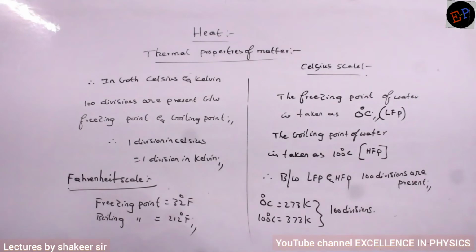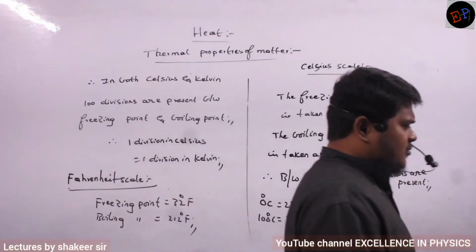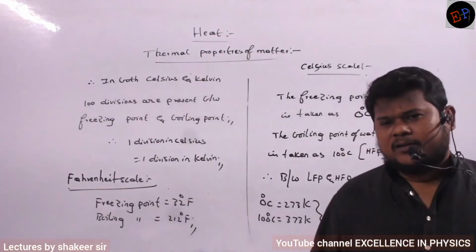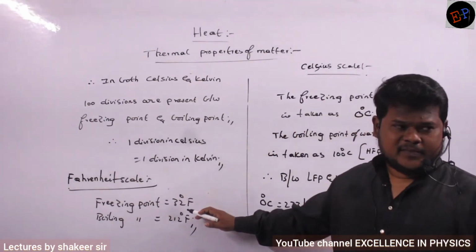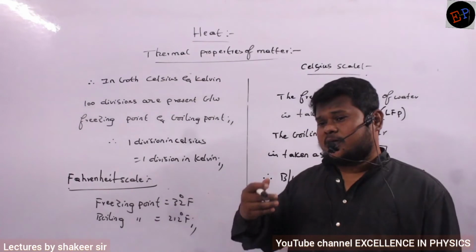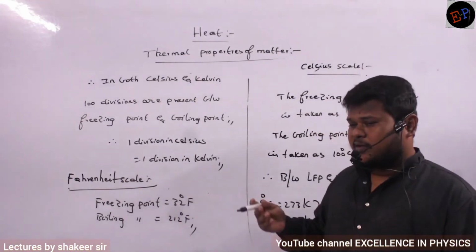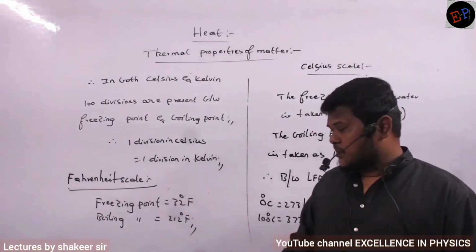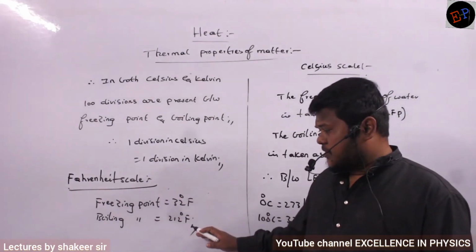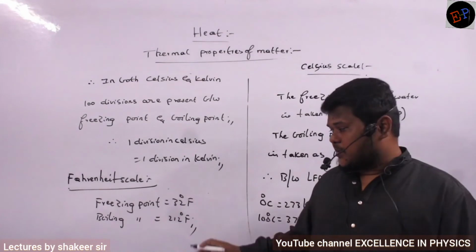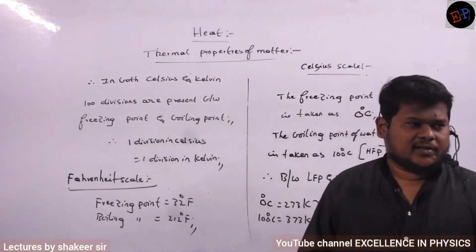Understood? So in the Fahrenheit scale, what are the limits you are taking? The lower fixed point is taken as 32. What is meant by lower fixed point? The temperature where water freezes into ice or where ice starts melting, both are the same. So that temperature is called 32 in the Fahrenheit scale. And the temperature at which water boils is taken as 212 degrees Fahrenheit.